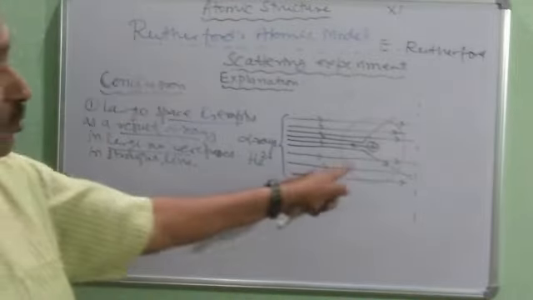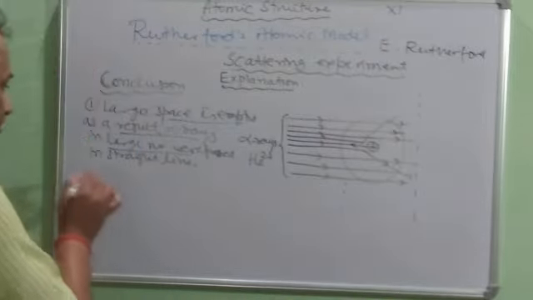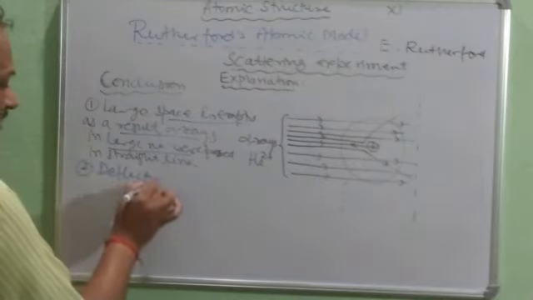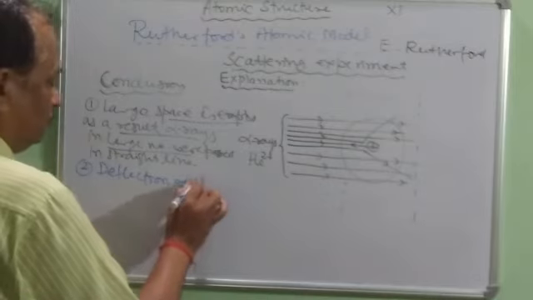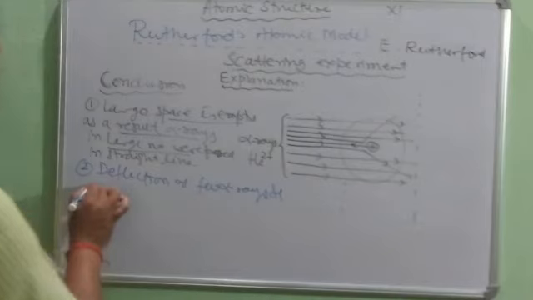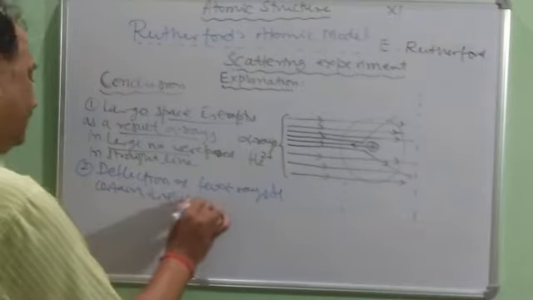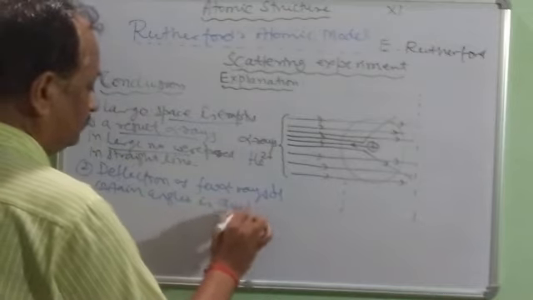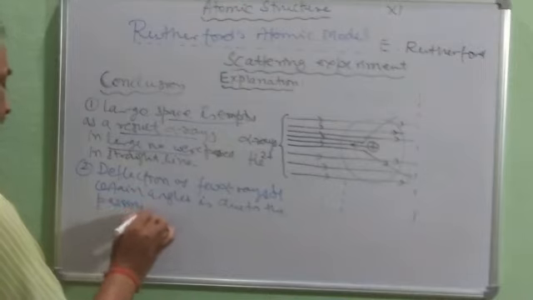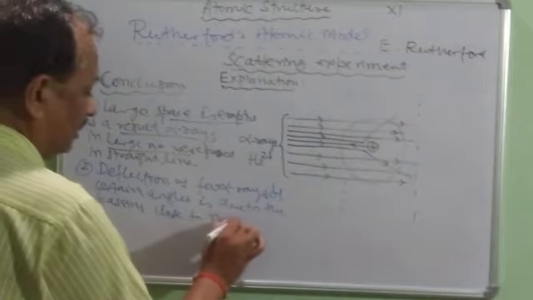So the alpha rays which were going around the nucleus were deflected to certain angles. So the deflection of a few alpha rays by certain angles is due to passing close to the nucleus.